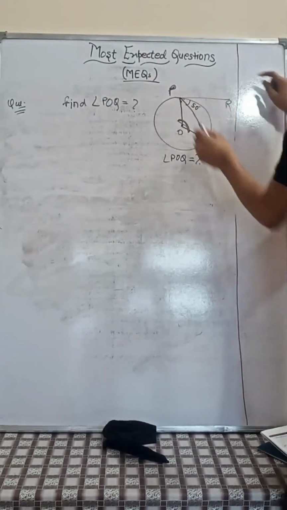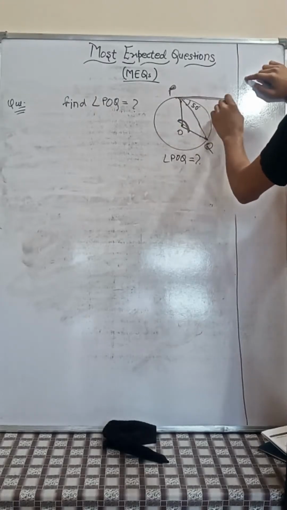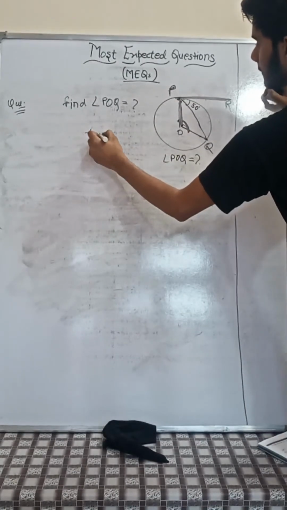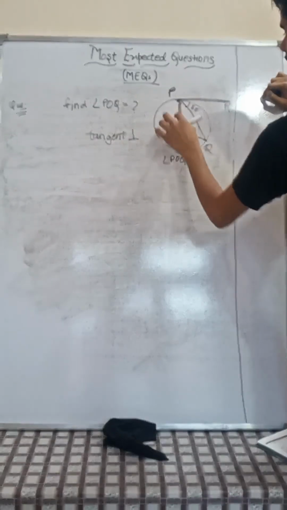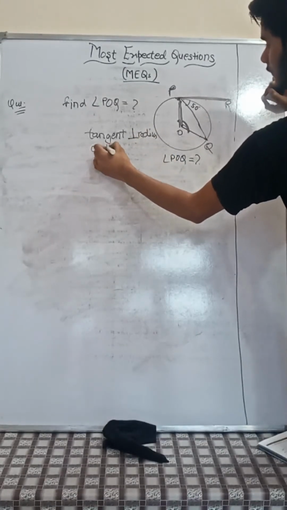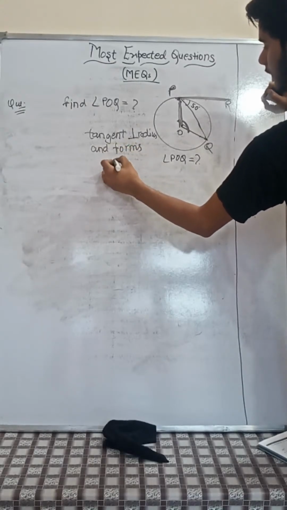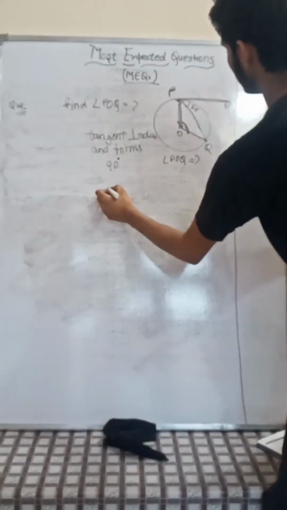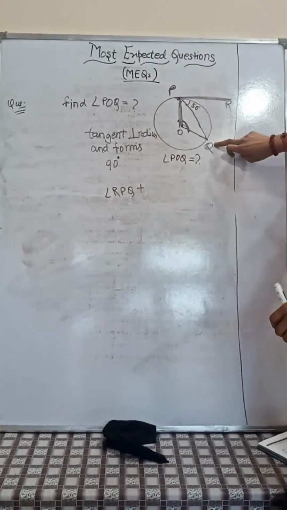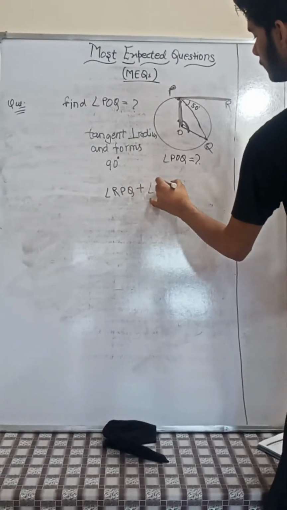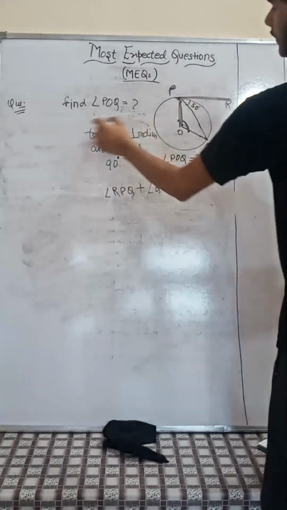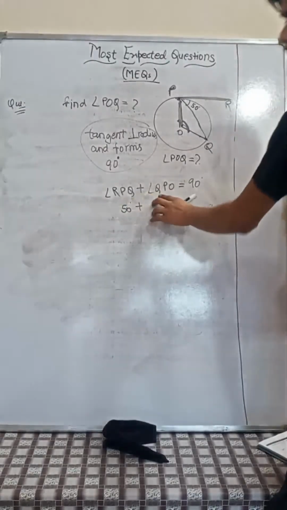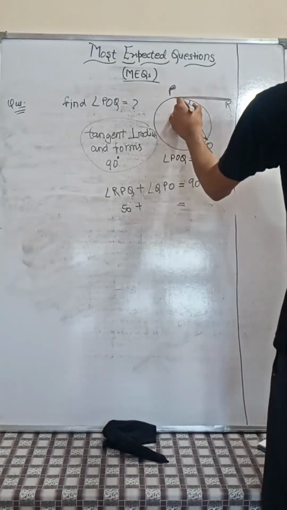Now, as you all know, the tangent is perpendicular to the radius and forms 90 degrees. Now angle RPQ plus angle QPO equals 90 degrees, because angle RPQ is 50 degrees. Let angle QPO be x.